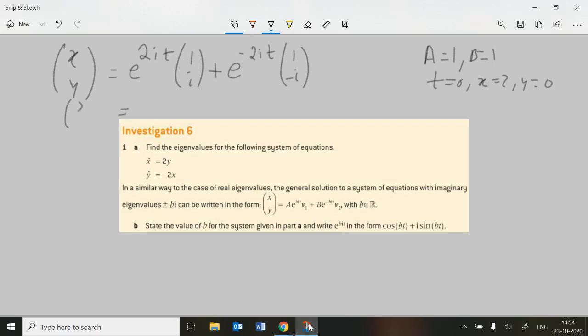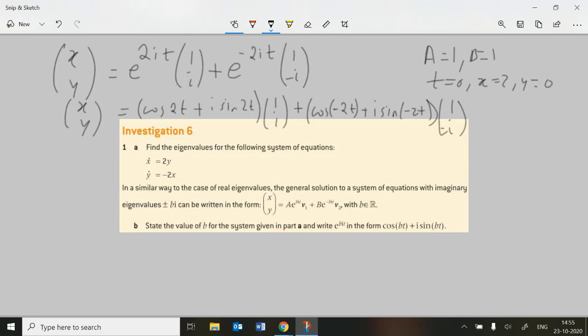And we can write this now as xy is equal to cos 2t plus i sine 2t multiplied by 1 i, that vector, and then plus, and then we've got cos minus 2t, one in brackets, plus i sine minus 2t, and that's multiplied by 1 and minus i.